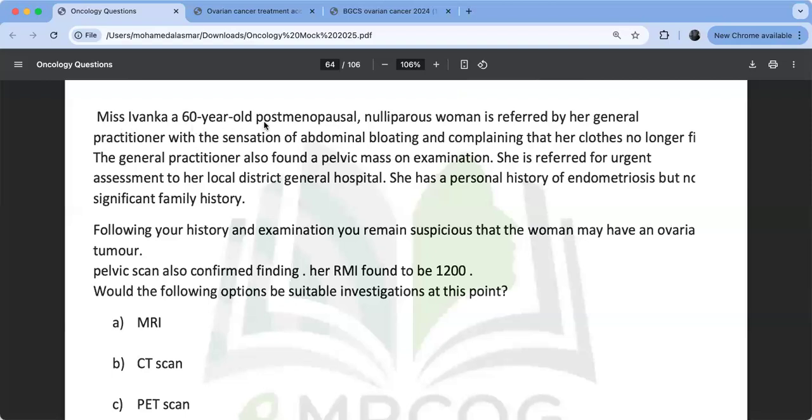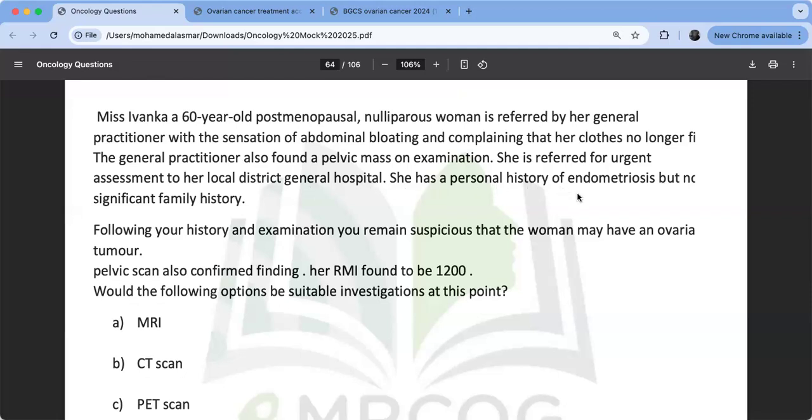Miss Ivanka, 60-year-old, postmenopausal, nulliparous woman, referred to her general practitioner with sensation of abdominal bloating and complaining that her clothes no longer fit. The general practitioner also found a pelvic mass on examination, referred for urgent assessment to her local district general hospital.